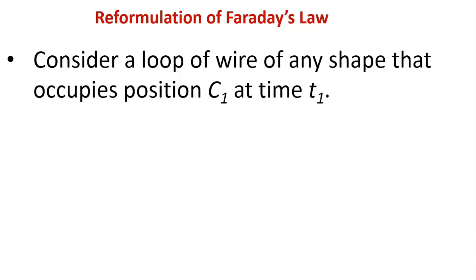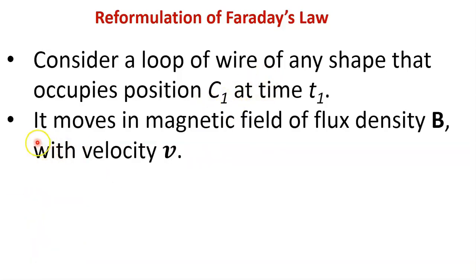And let us suppose that at a given point of time, say t1, it occupies position, say C1. Now let us suppose that this loop moves in a magnetic field of flux density B bar with uniform velocity V bar.